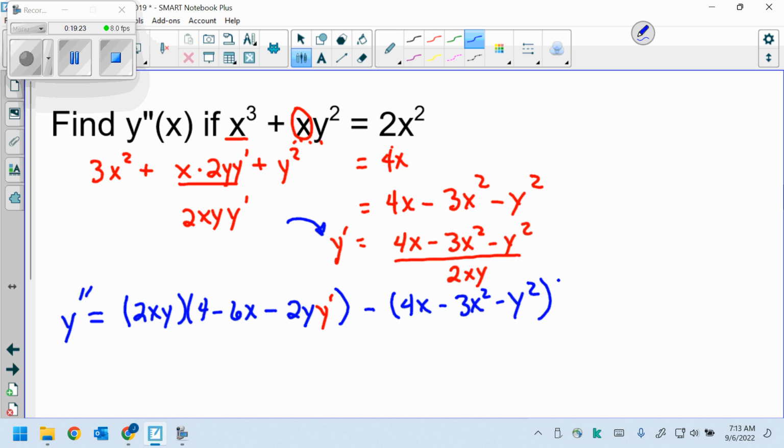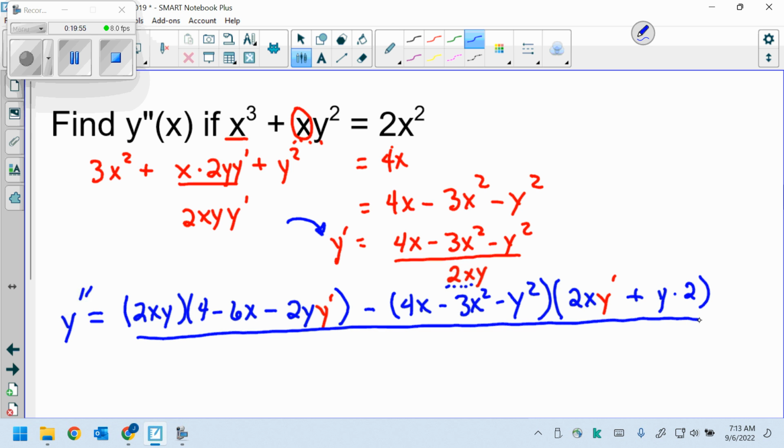Better use a product rule. First, 2x times the derivative of the second, which I'm going to call y prime, plus the second, which is y, times the derivative of the first, which is 2. All over low, low, 2xy squared.